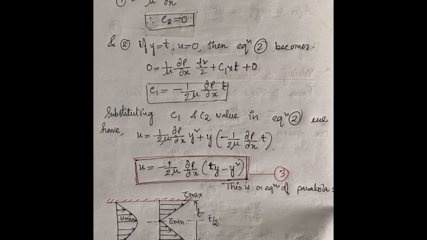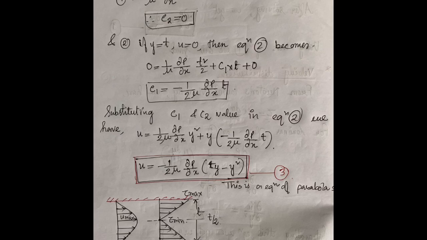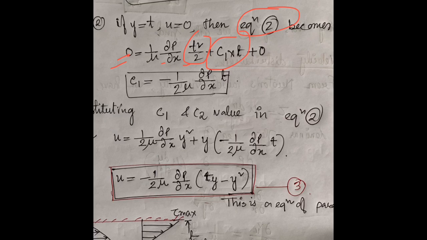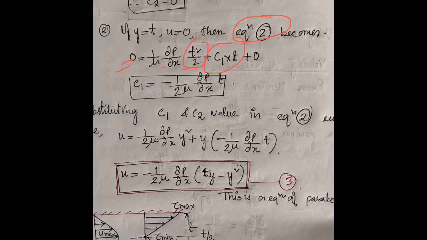So put these y and u values in equation number 2, and after solving the equation, you will get C2 equal to 0.